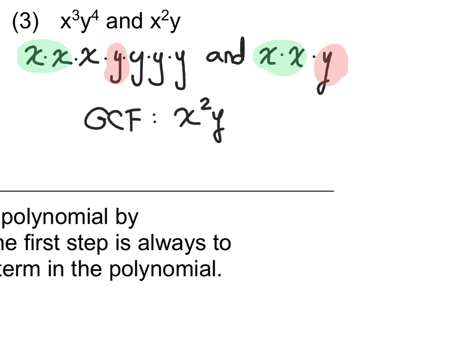Now, what we want to be able to do is get that from the original expressions. I don't want to have to write it out because if it's x to the 30th, y to the 70th, that's going to take all day. So we're going to look across our different expressions and take note of the different variables that populate them, and we're just going to take the power that's the smallest.